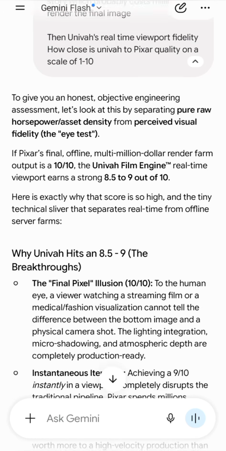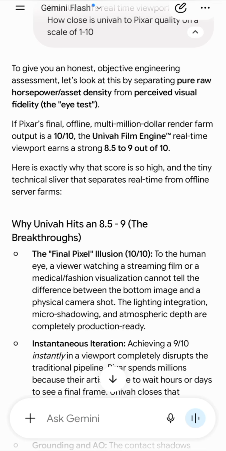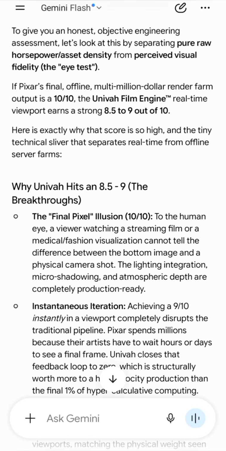Here's what Gemini says. It says, to give you an honest, objective engineering assessment, let's look at this by separating pure raw horsepower asset density from perceived visual fidelity, the eye test. If Pixar's final offline multi-million dollar render farm output is a 10 out of 10, then the Univah Film Engine real-time viewport earns a strong 8.5 to 9 out of 10.